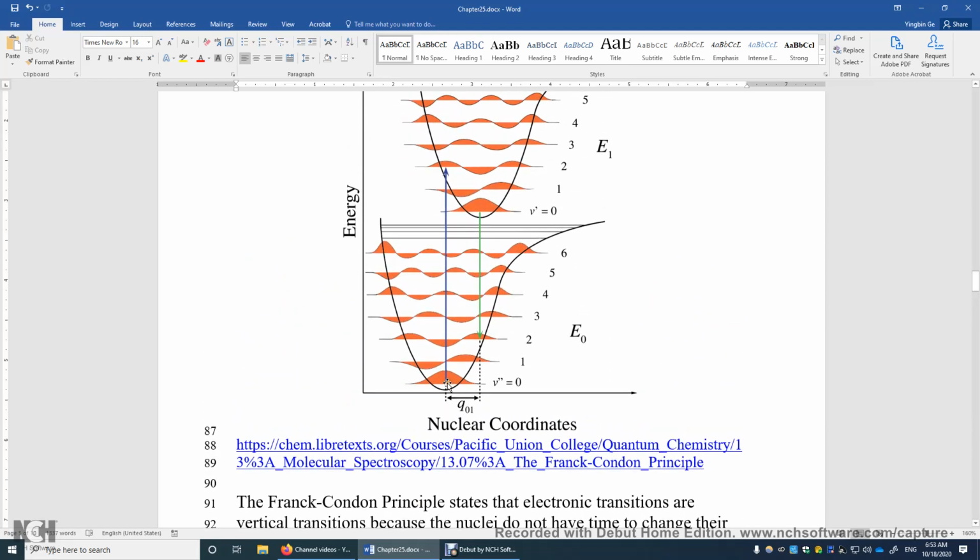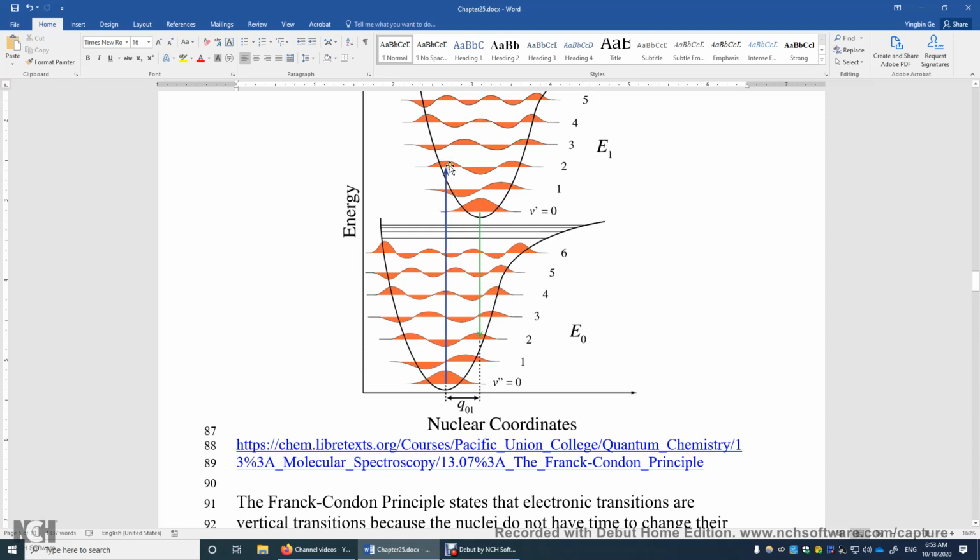So again, you may observe the transition from here to here, but the overlap is so small. I don't think you will observe a large transition intensity from here to here. From here to here, a bit larger, so you can see there's a more significant overlap.